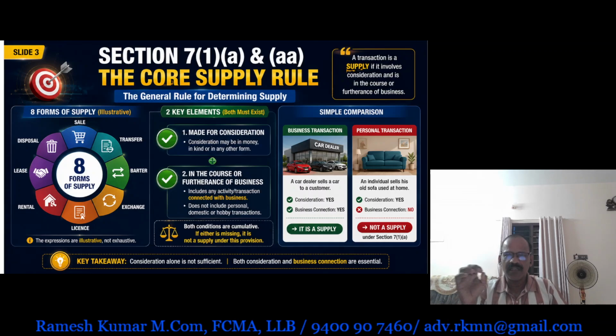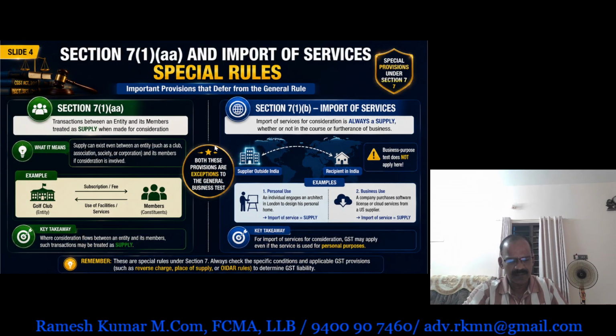So, this has not been used in the course of his business. Therefore, consideration alone doesn't automatically make every transaction a supply under Section 7(1) clause A. So, remember, consideration plus business connection, this is the normal supply test. That is very important. So, what happens in special cases? Let us see.